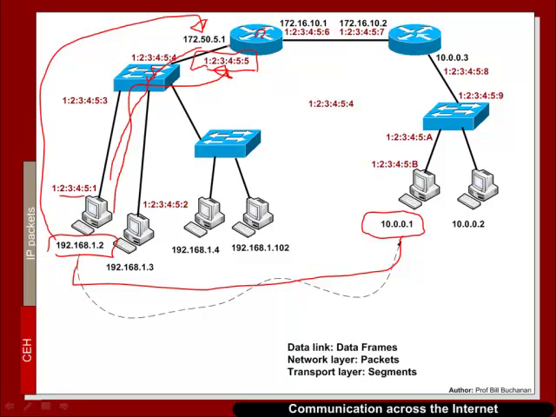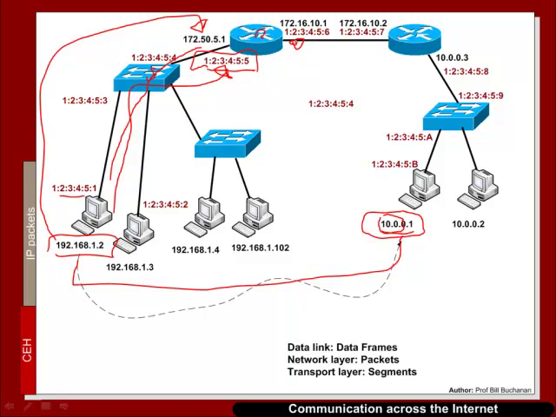here. The router then looks at the data packet and says it's destined for this network. So it looks at the network part and says, I know the best way to get to that. I will then forward it on to this port here.